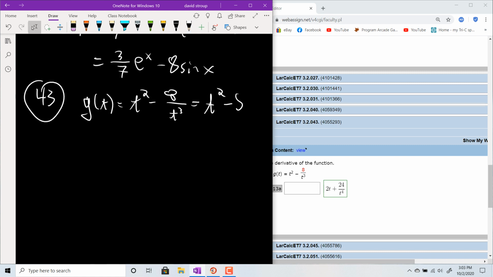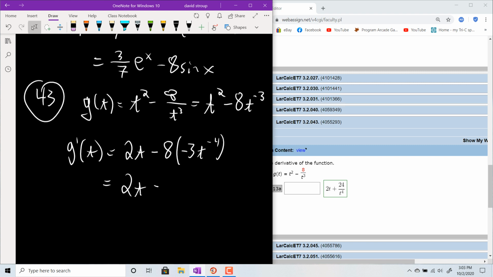So t squared minus 8, t to the negative 3. And so g prime of t will have 2t to the 2 minus 1, which is just 1, minus 8 times the derivative of t to the negative 3. So that would be negative 3t to the negative 4. Simplify. This will be plus 24t to the negative 4.